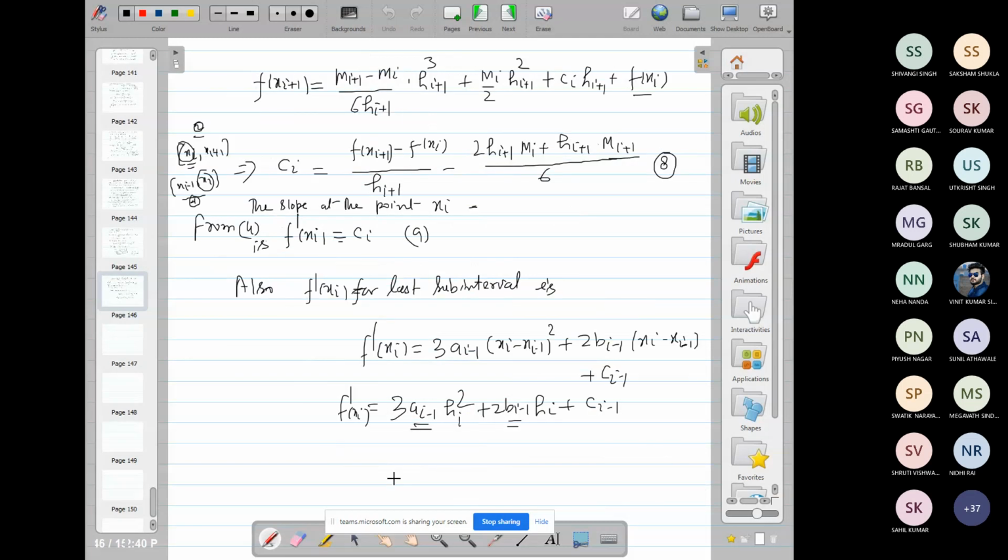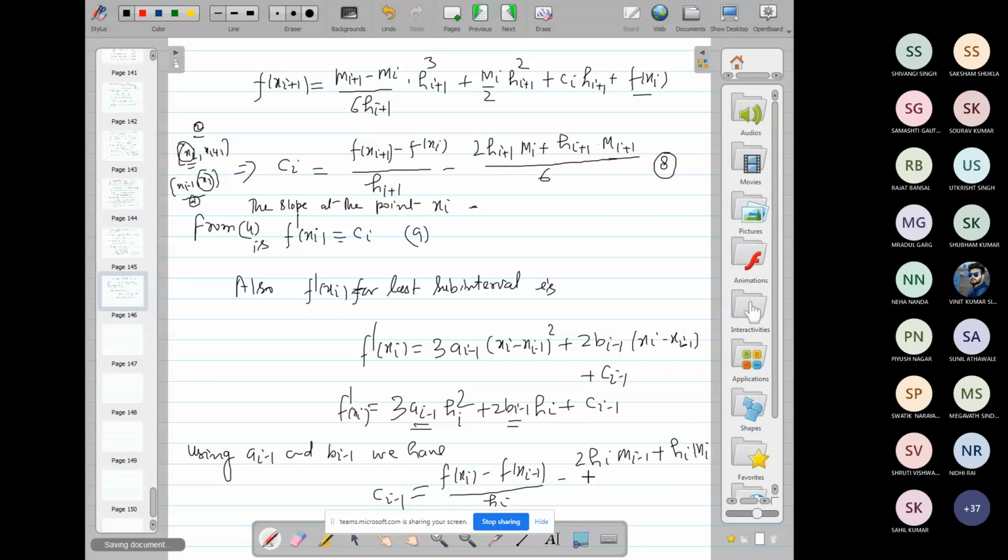So after using ai minus 1 and bi minus 1, we have ci minus 1 इज इक्वल टू क्या आएगा, यहाँ जो ci है उसी को i minus 1 कर दीजिए, तो f xi minus f xi minus 1 divided by hi minus 2hi mi minus 1 plus hi mi divided by 6. We obtain ci minus 1 this.